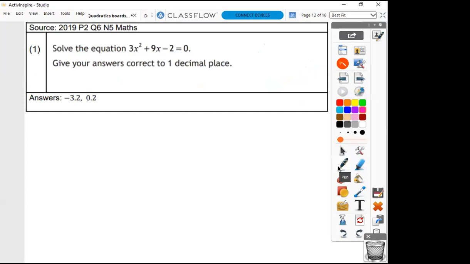Why we need to use this is when we were doing factorization early in the year, we were getting whole numbers out of it. When we're using this full formula, we're going to get decimals out. Give your answers correct to 1 decimal place or 2 decimal places will normally be said in these types of questions.